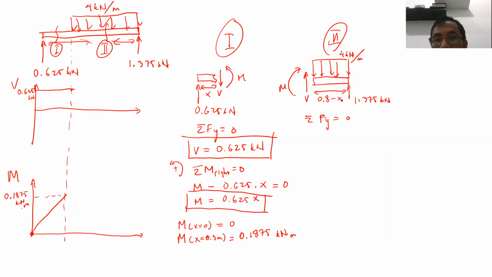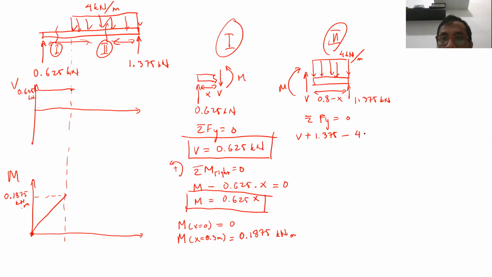Okay, using sigma Fy equal to 0, what I will get will be V plus 1.375 kilonewton minus 4 kilonewton per meter multiplied by the distance where the distributed force covers the distance. Okay, 0.8 minus x equal to 0.